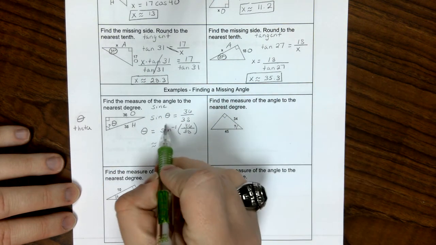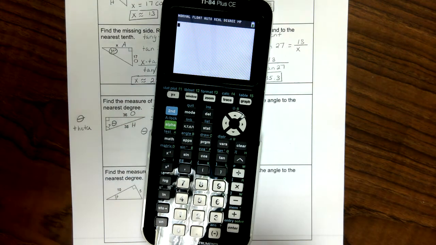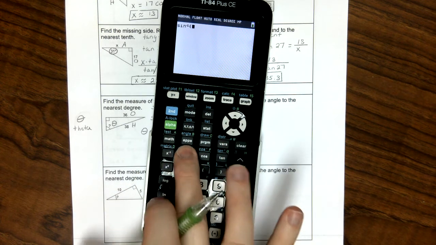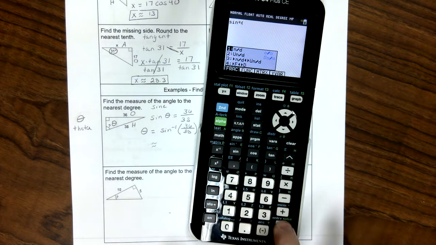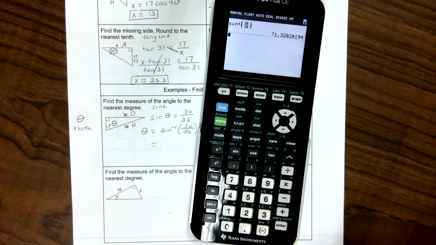And now this is what we'll type in the calculator. Inverse sine is written in blue, so I have to hit the blue second key to pull it up. And then just type in your fraction, 36 over 38. And then you get that decimal.